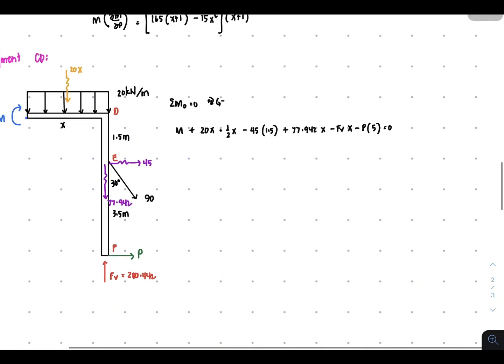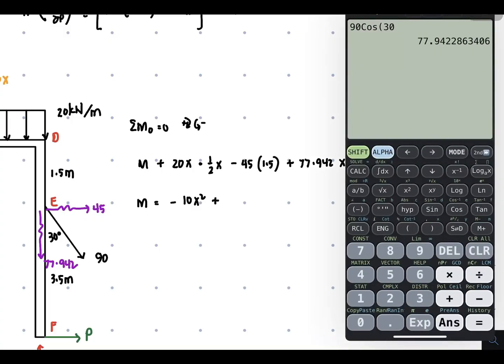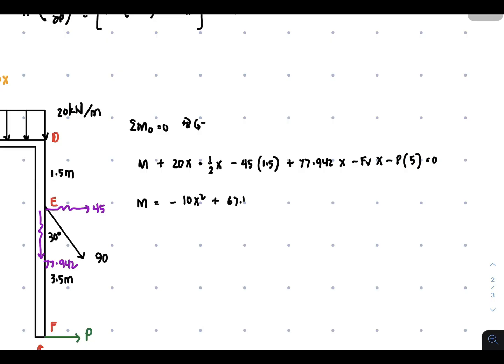Okay, so let us now substitute the values and transpose all the values to the other side except for the M. So it's going to be M equal to minus 20 times x times 1/2 of x. This is 10x squared. Then plus 45 times 1.5, this is 67.5, and then minus 77.942x, then minus FV.